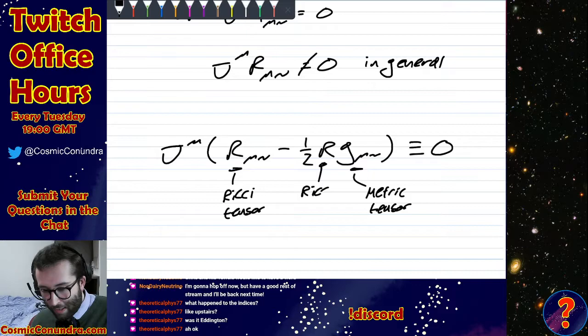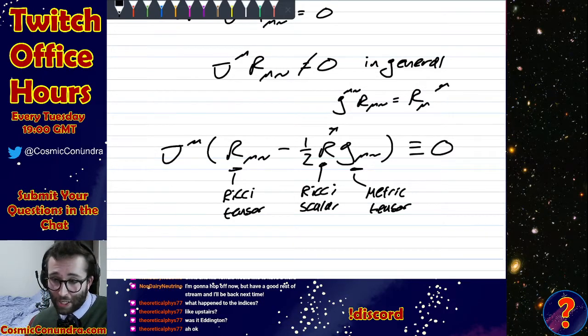And then this is the Ricci scalar, which you just get from taking the Ricci tensor and multiplying it by the metric tensor, or to think of it differently, by contracting the indices of the Ricci tensor.